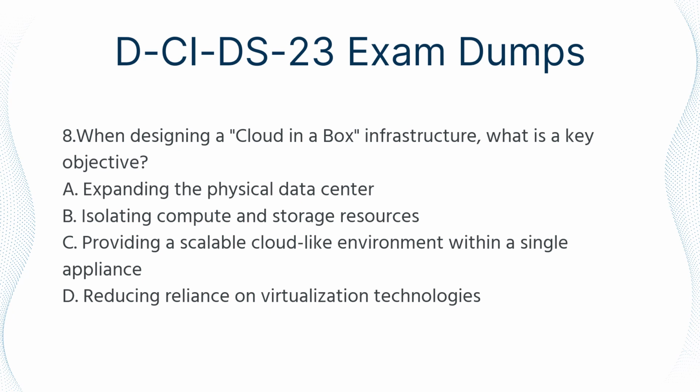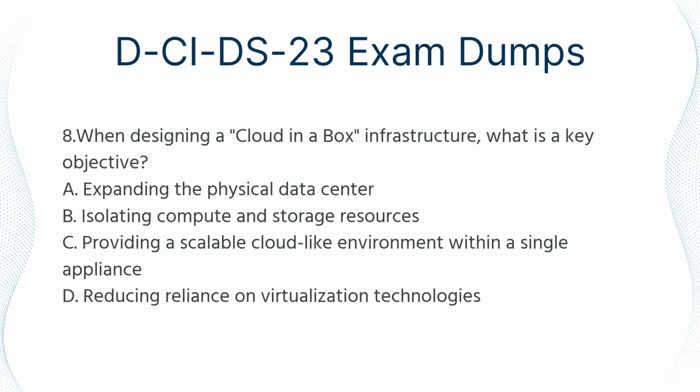Options A, B, and D are not the key objectives of a cloud-in-a-box infrastructure. Option A, expanding the physical data center, is a general objective related to data center growth and expansion but not specifically tied to the concept of a cloud in a box.